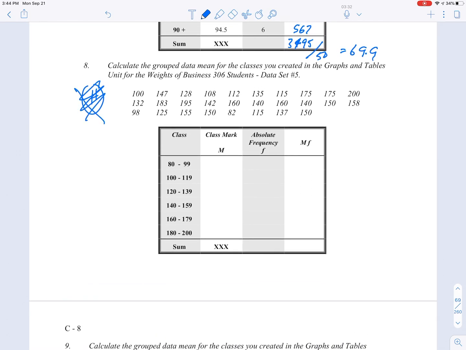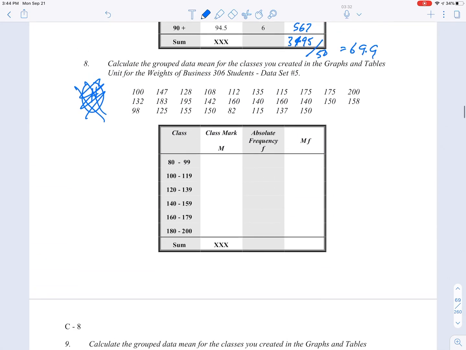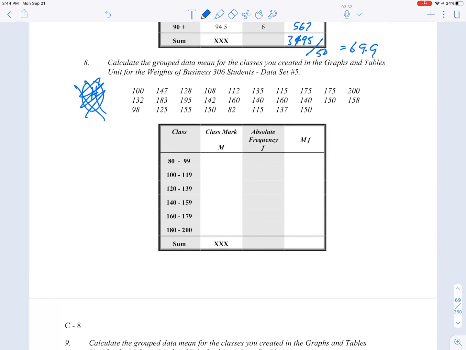All right, I'm going to actually assign the next one here for homework. Let's take a look at this one, which is the ungrouped mean for the classes of the weights of the Business 306 students.